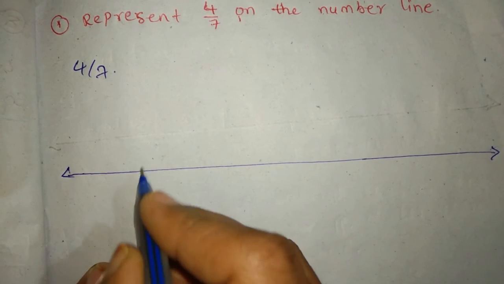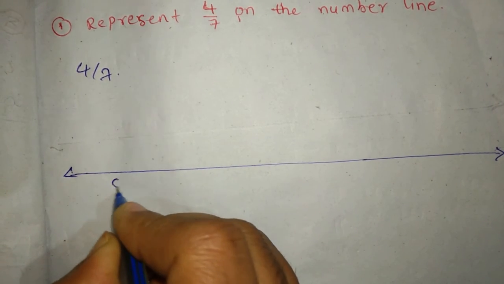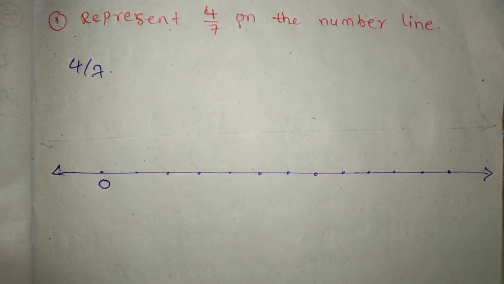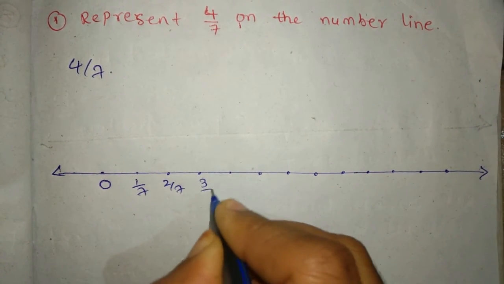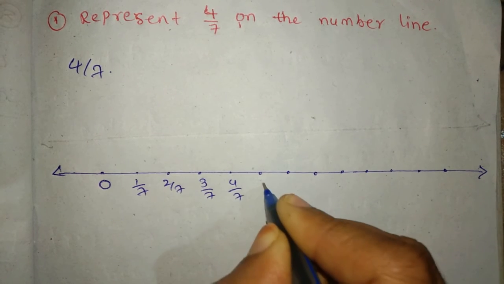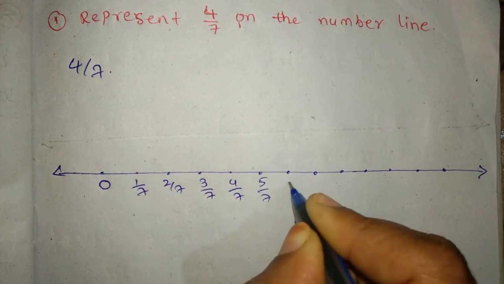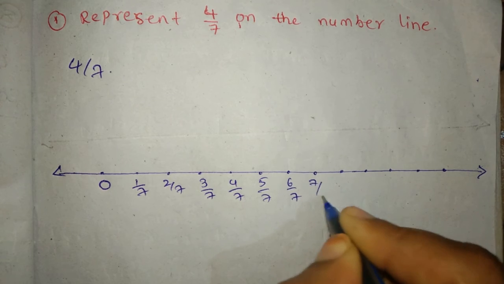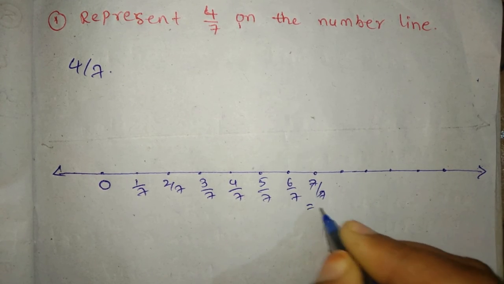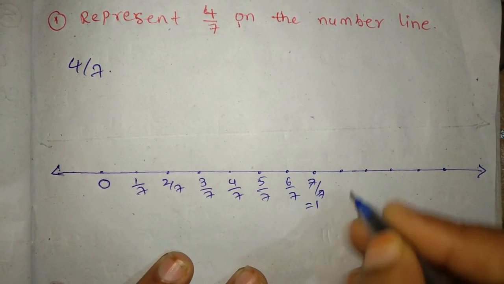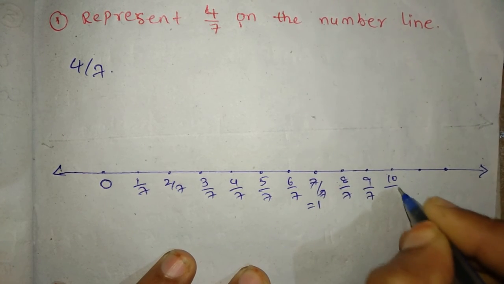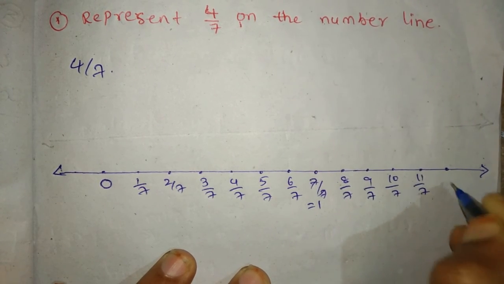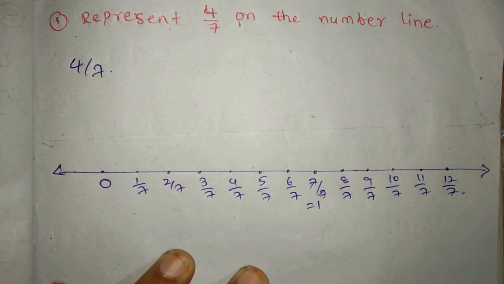So we take numbers 0, 1/7, 2/7, 3/7, 4/7, 5/7, 6/7, 7/7, which represents 1, then 8/7, 9/7, 10/7, 11/7 and 12/7.